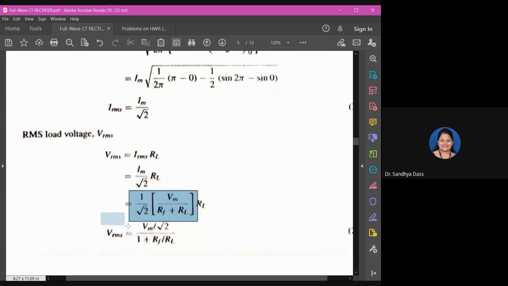So you'll have VRMS is equal to VM by root 2 by 1 plus RF by RL. In all these topics, you can expect derivation of either the half wave rectifier or the full wave rectifier. So here you might expect derivation for DC load current or voltage or RMS load current or voltage. All these derivations are important. At least one derivation and a problem can be expected here.